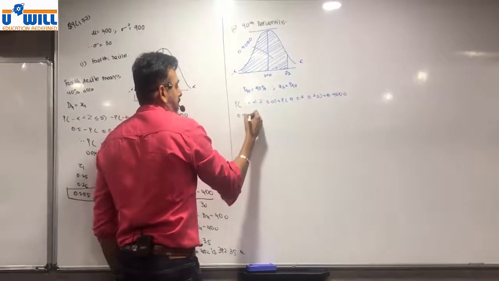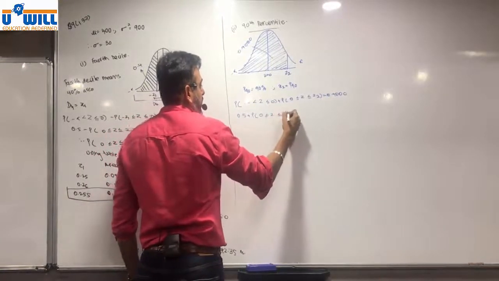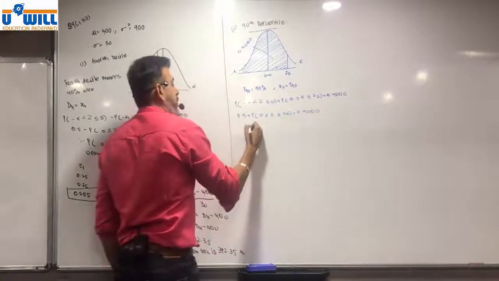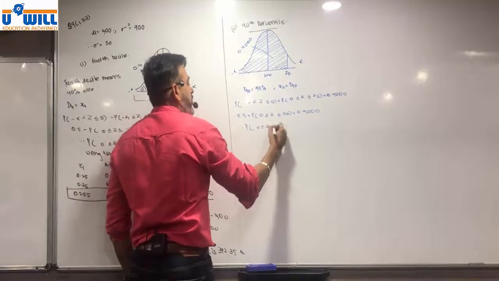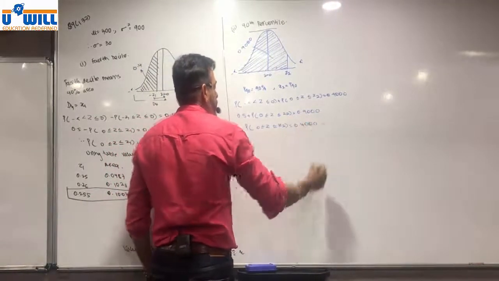So 0.5 plus probability of Z between 0 and Z2 is 0.9000. Therefore, probability of Z between 0 and Z2 is 0.4000.